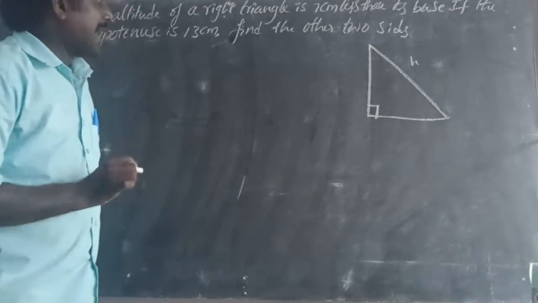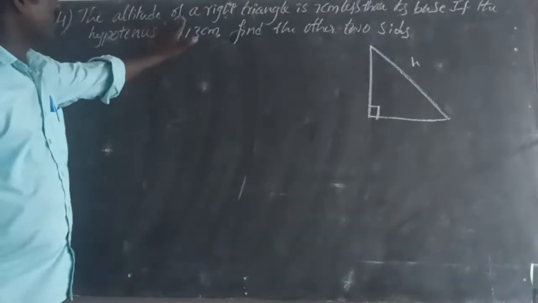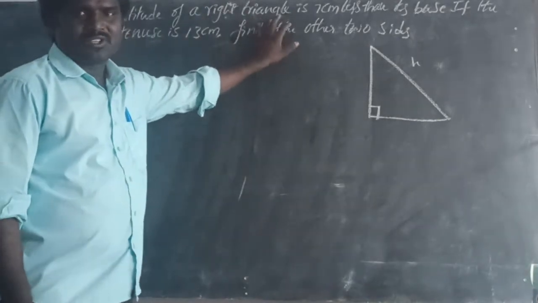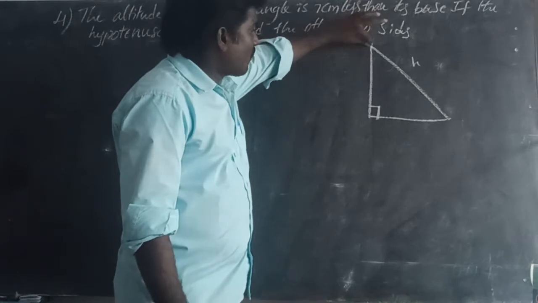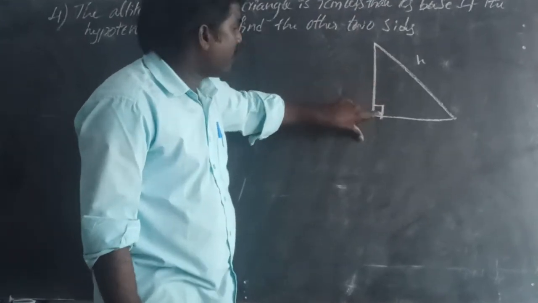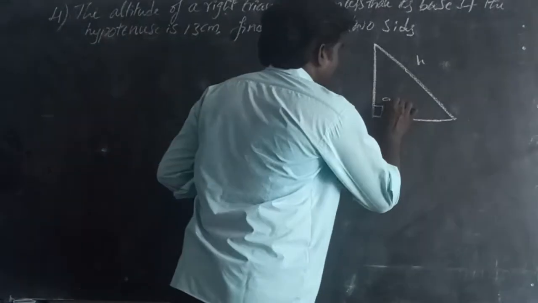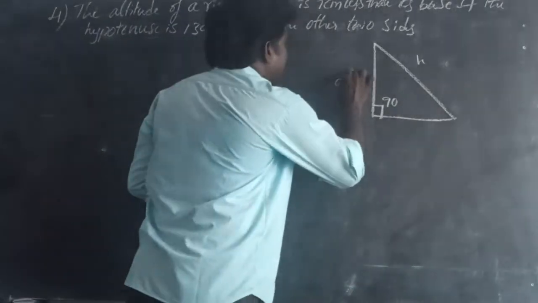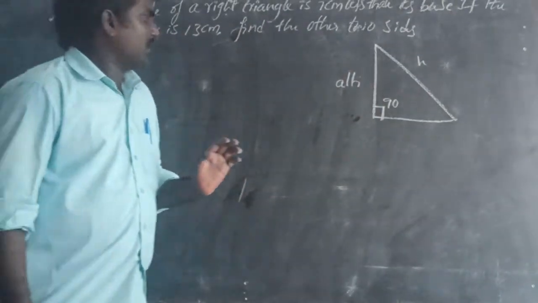Now, altitude means what? The altitude of a right triangle is a line joining from the vertex to the opposite line segment, meeting at one point, where the angle is 90 degrees. This is called the altitude.